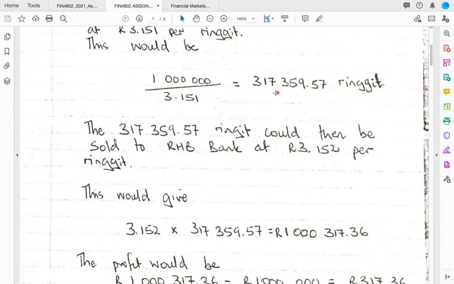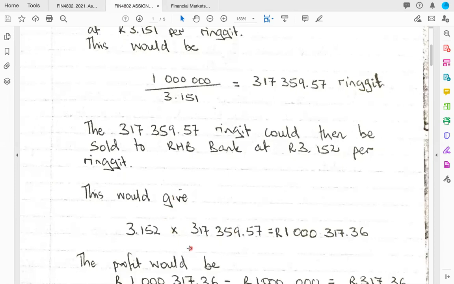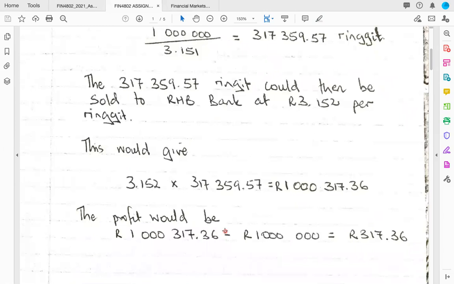So we simply take the amount of ringgits and we multiply them by the price per ringgit that RHB Bank is prepared to pay.